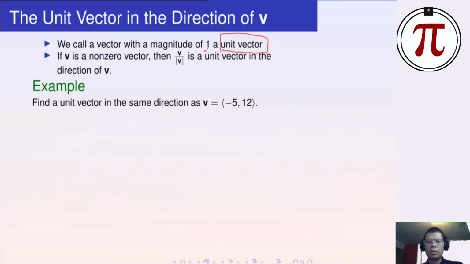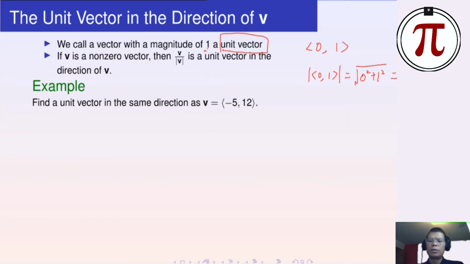For instance, you may have (0, 1). What is the magnitude of this one? It's the square root of 0 squared plus 1 squared, which equals 1. So its magnitude is 1, therefore it is a unit vector.